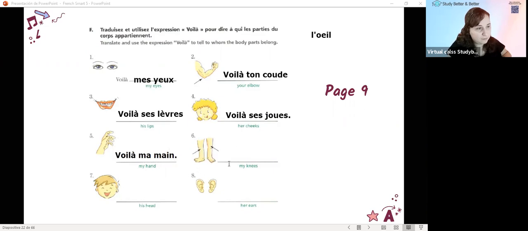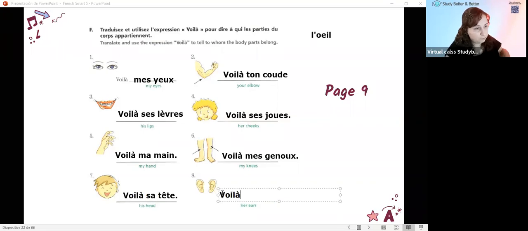And here we have my knees, voilà mes genoux. And his head, voilà sa tête. And her ears, voilà ses oreilles.